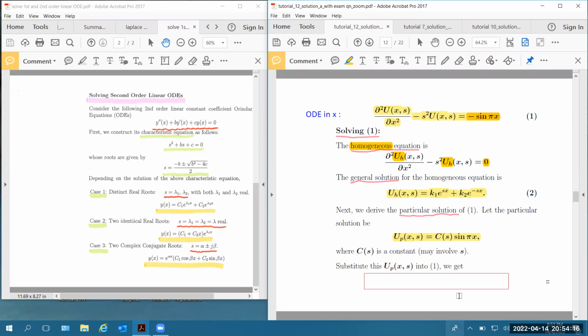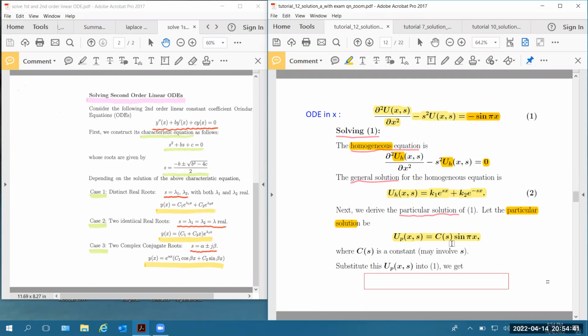Now here C is a constant, and I want to find this C. Since this is a particular solution, it has to satisfy equation 1. So let me substitute this U_P into equation 1, so the whole equation should hold.